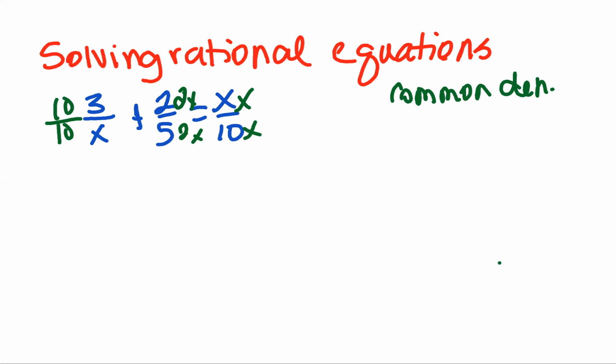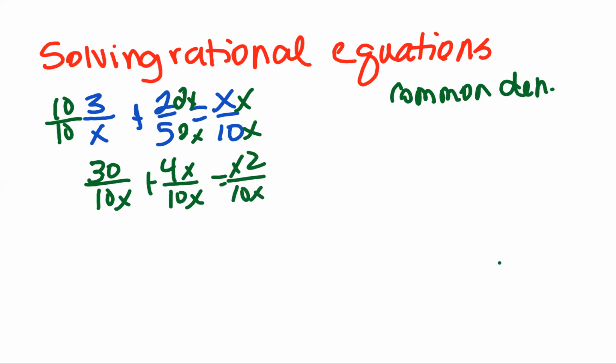So if I simplify this problem out, I would get 30 over 10x plus 4x over 10x is equal to x squared over 10x. Now the denominators are the same, so you can either say the numerators have to be the same, or I could clear the fraction out and multiply both sides by 10x.